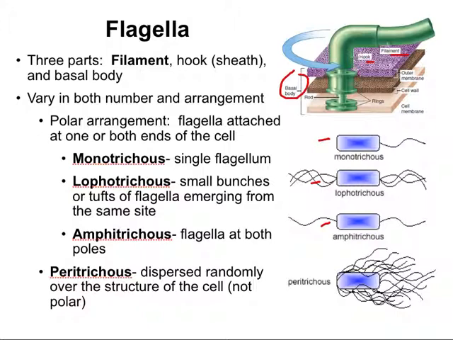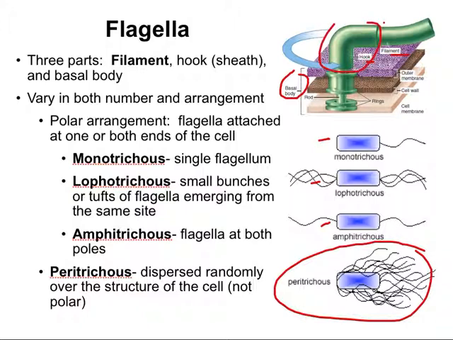Now, when the flagella are not polar, meaning they are all over the cell, it's called peritrichous. As you can see in this image, the flagella are dispersed randomly over the structure of the cell. Now, this whole flagellar filament is inserted by a curved tubular hook, this region right here.